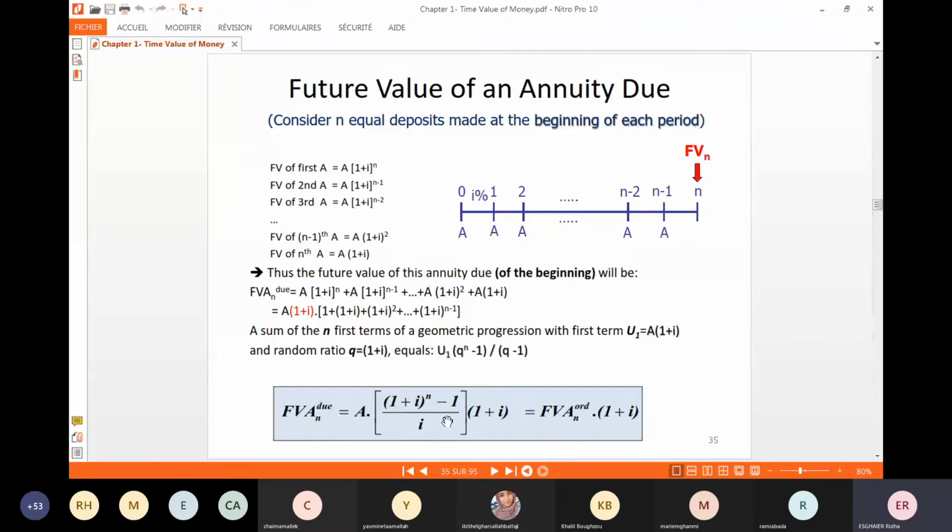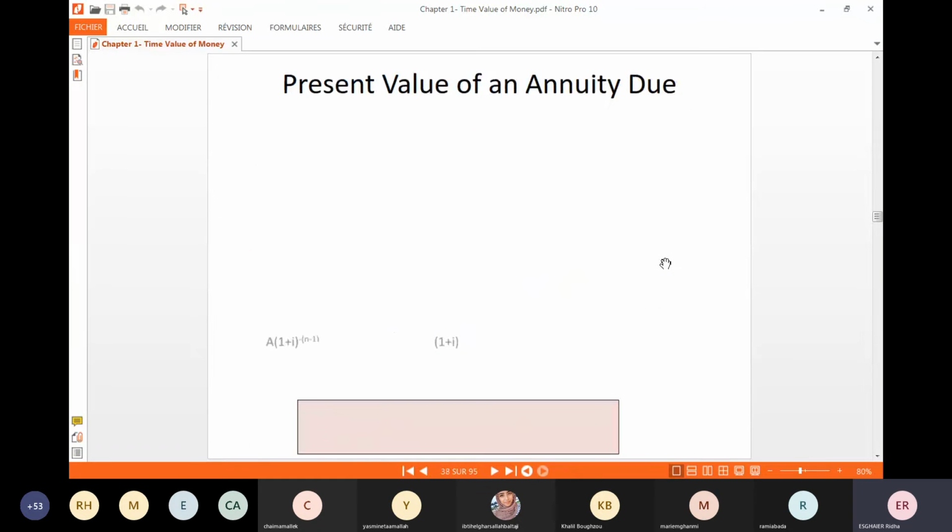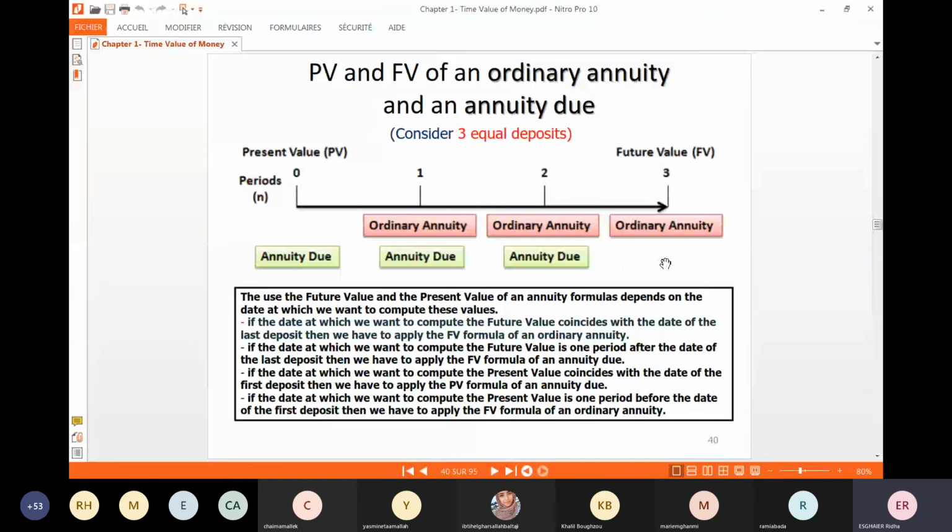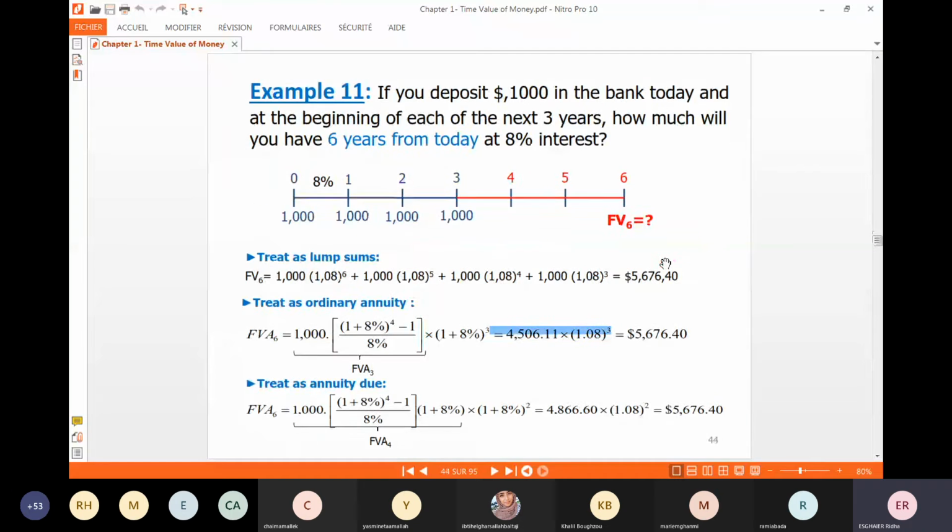So this formula, A times ((1 plus i) power n minus 1) over i times (1 plus i), will give you the future value of this sequence of deposits 1 period after the date of the last deposit. So this will be from the perspective of date 4, not date 3 in our case.